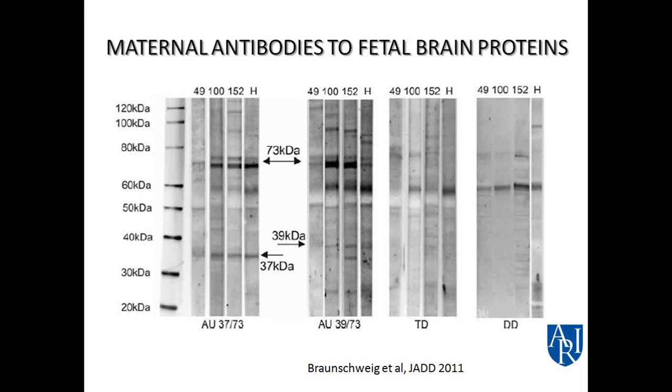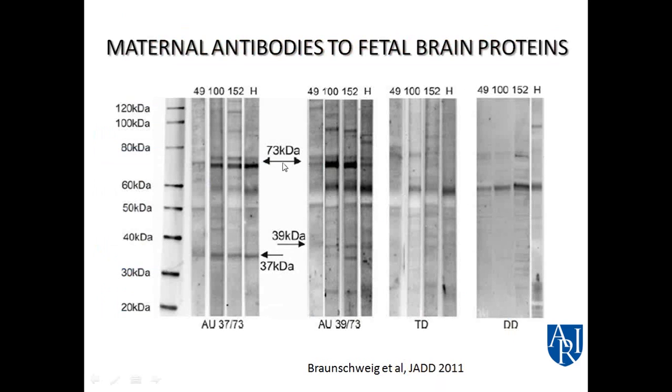And it has now become clear that 10 or 15% of mothers who have children with autism carry antibodies that are directed to the fetal brain, specifically the fetal brain, not the adult brain. These were first described in 3 different types.